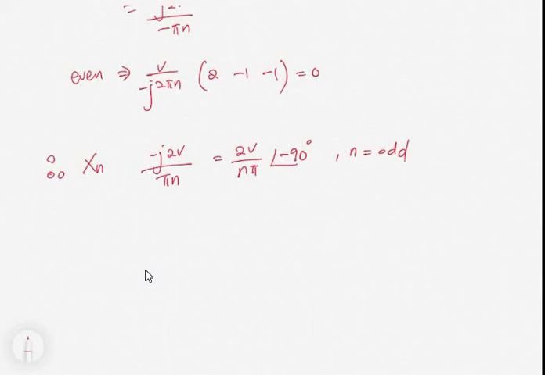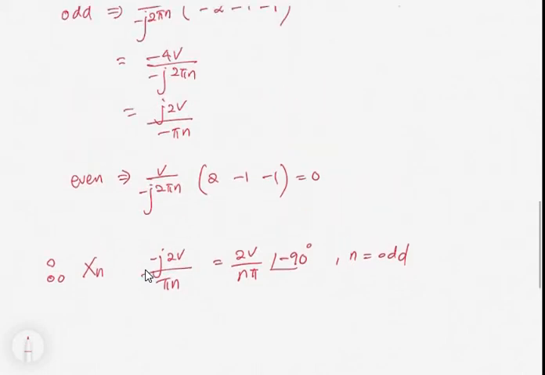Okay, do you know why it's 90? Okay, if you look at here, so this is the imaginary part, right? This is the imaginary. And this is the real. Okay? So negative 90 is, it refer to minus j.